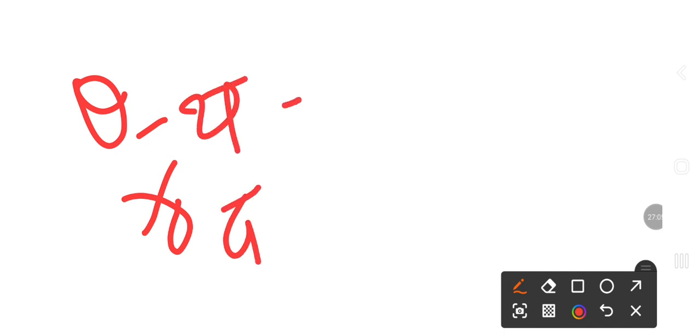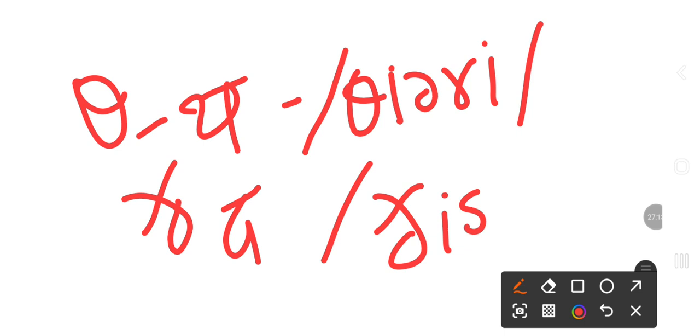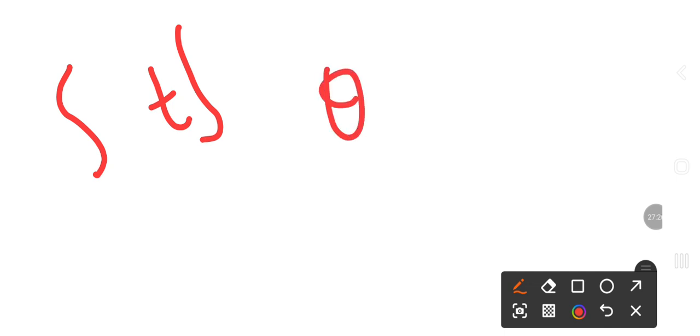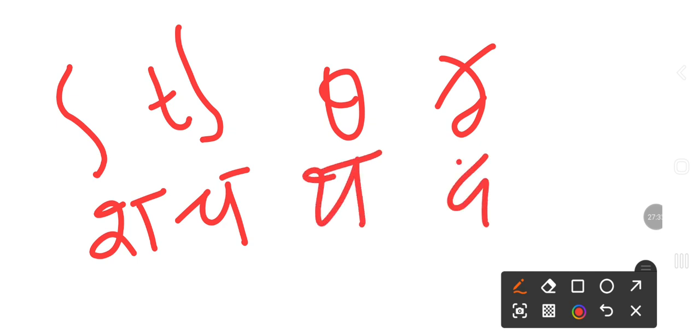This is theory, and this is this. This is the difference. Okay. So 4 new sounds we have learned. What are they? Sh, ch, th, and the second th.